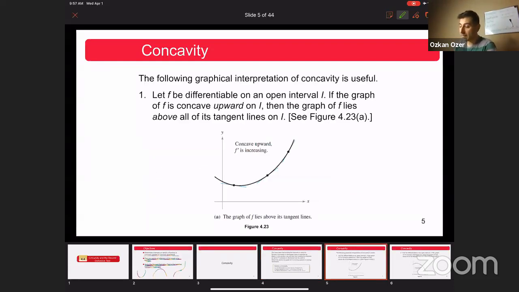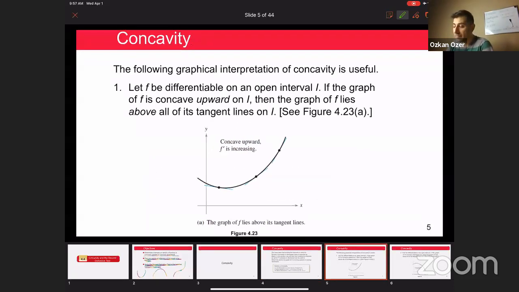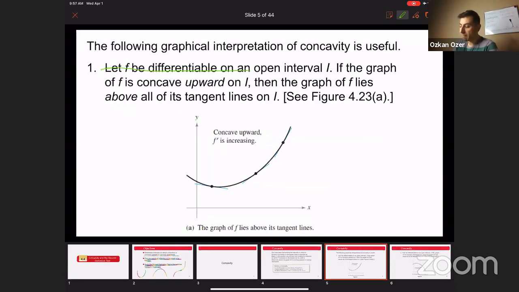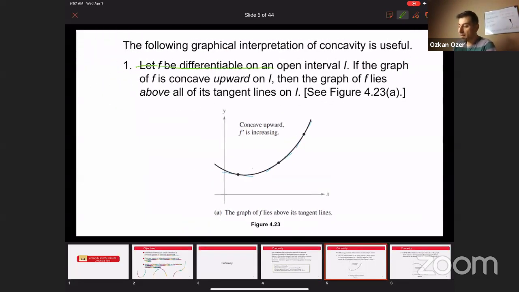And graph-wise, as you see, we have a differentiable function because we have the tangent line defined everywhere on the curve. Here, f is concave upward because if you look at the tangent lines at different points, the slopes are increasing.